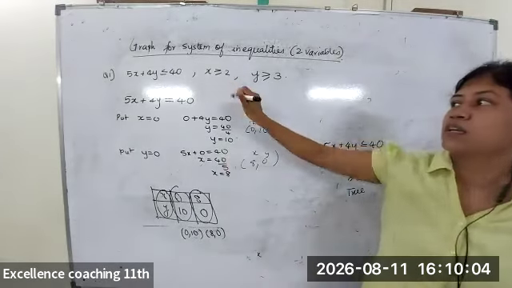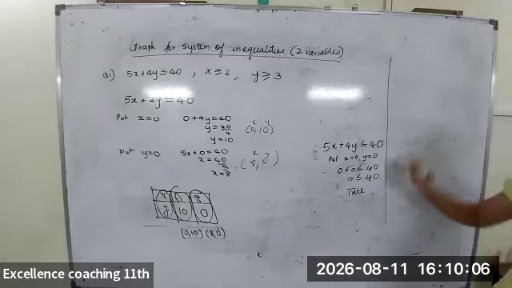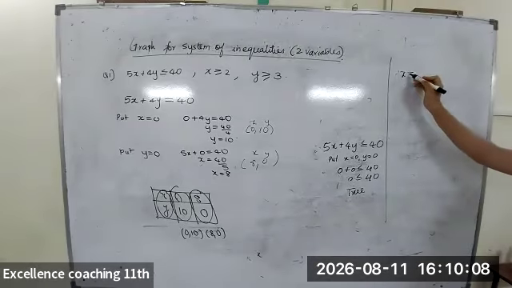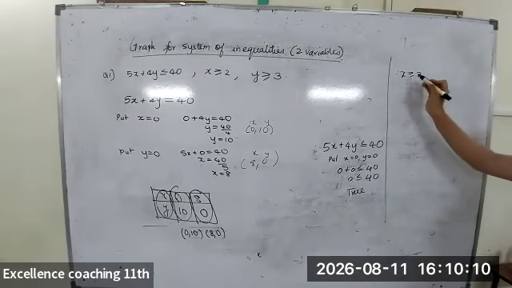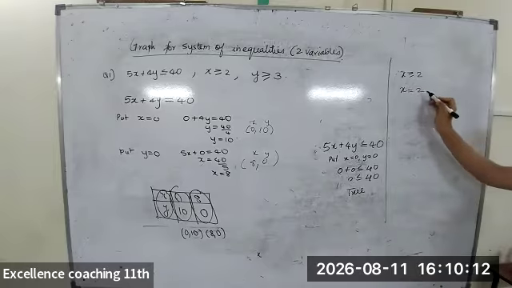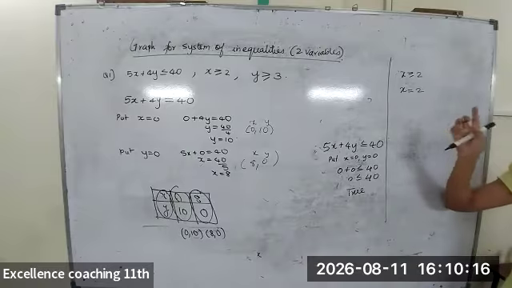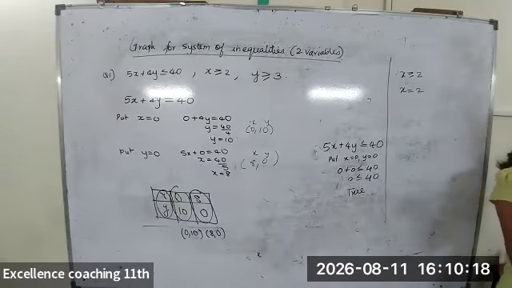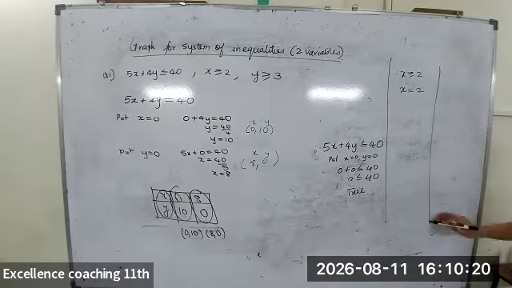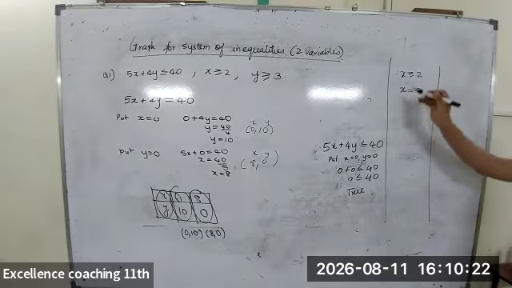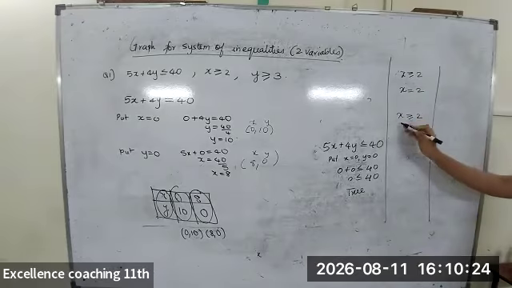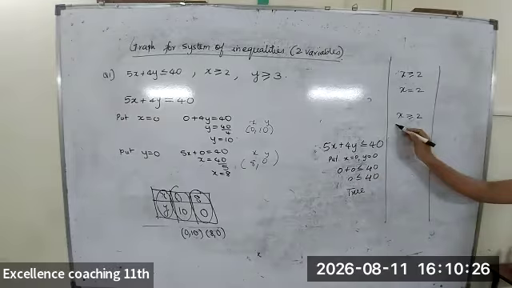Now the second line: x greater than or equal to 2. Remove the inequality and keep it as it is. This is a simple line, there is no x plus y combination where you have to put x as 0 and y as 0. Put x equals 0 here, y anyway is not there.